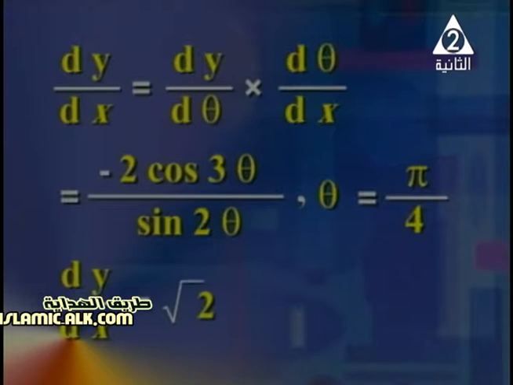By substitution at theta equals pi over 4: 3 times 45 is 135, and 2 theta, 2 times 45, equals 90 degrees. Then we find cosine 135 over sine 90. The answer is root 2. Then dy by dx when theta equals pi over 4 equals root 2.